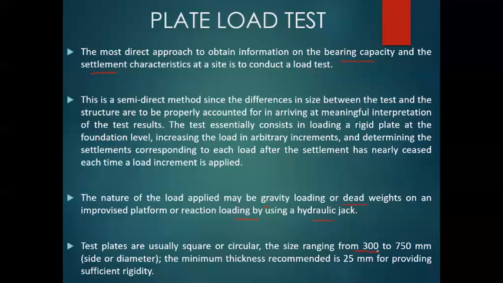As you move from bottom to top, the size will be decreasing. For example, if you put a 750 plate at the bottom, then the top one may be 600, then 450, and over that 300 plates can be stacked. In this pattern we are going to arrange them.